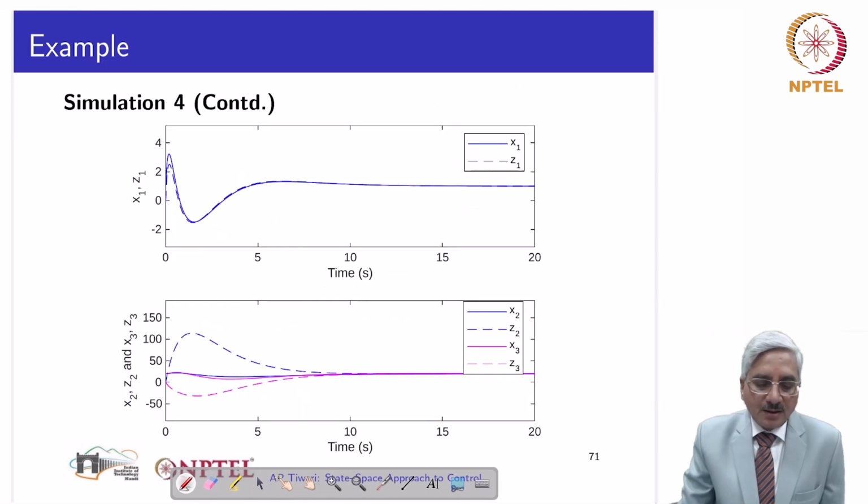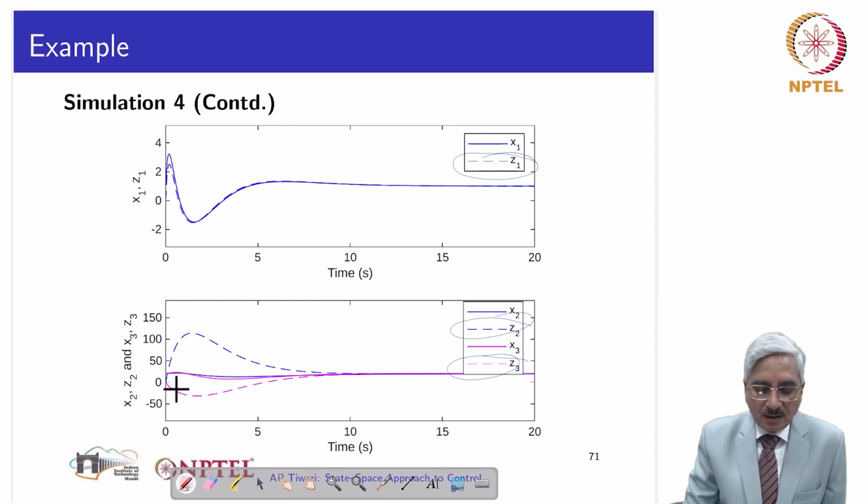And the estimated states Z1, Z2 and Z3, they start tracking the actual system states after some time.